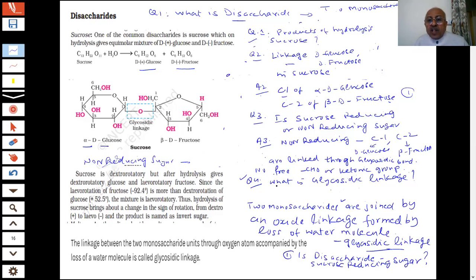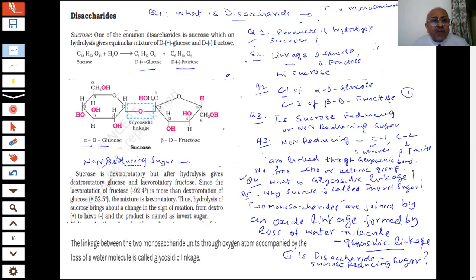Question number 4, you answered. Question 5, students: why is sucrose called invert sugar? This question has been asked in the paper. So many questions on sucrose. Sucrose is dextrorotatory, but when it hydrolyzes in water, it gives glucose and fructose.